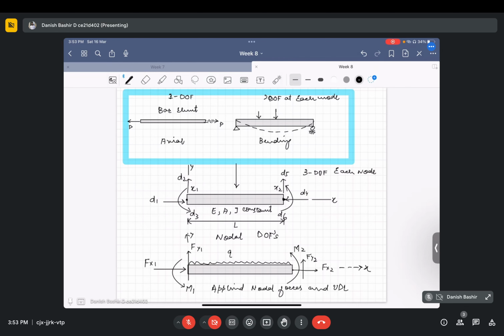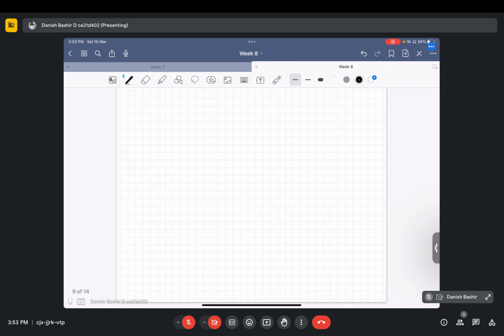So from our basics, we know that for axial deformations, from the bar problem, we wrote the element equations. It is EA by L times the matrix 1, minus 1, minus 1, 1. You people should be knowing and remembering this equation by this time.